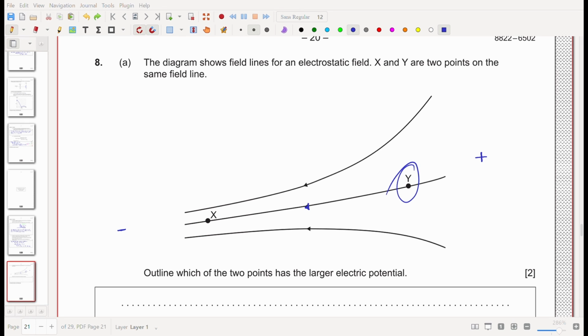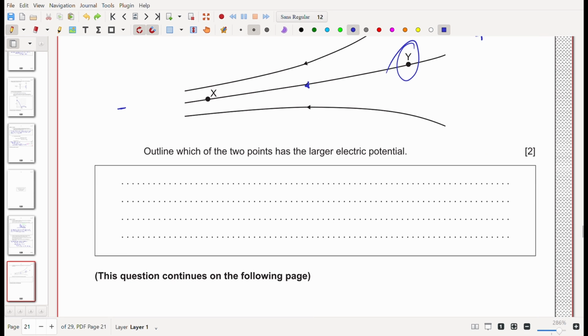Now, to explain this in a written form, we first start off by stating Y is at a greater potential. Next, we move on by explaining how we know this.